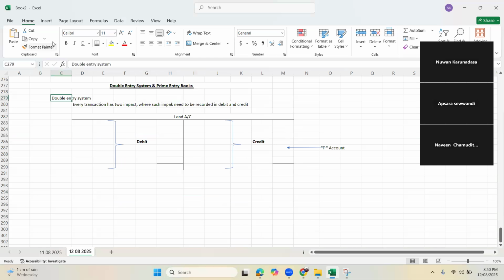See here, this is another bigger heading. Right. So we have learned the basic accounting equation: assets equal liabilities plus capital.